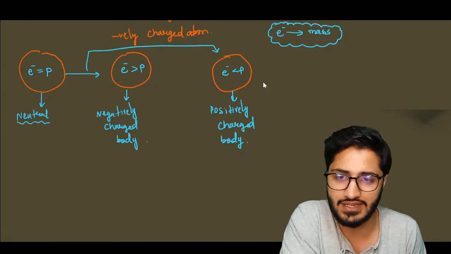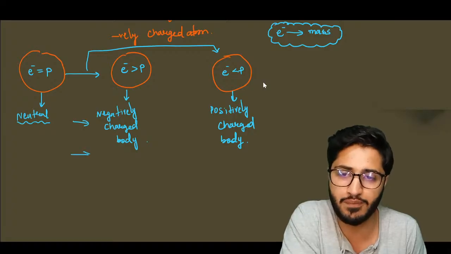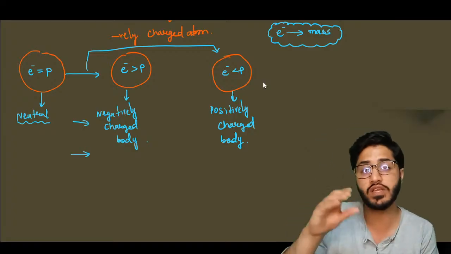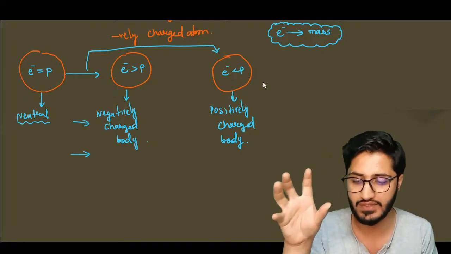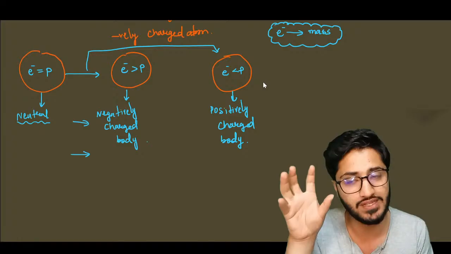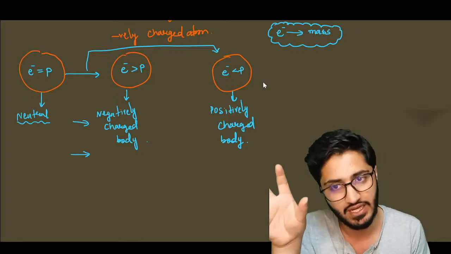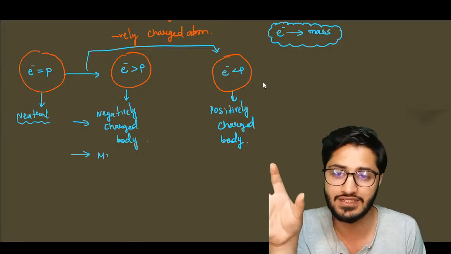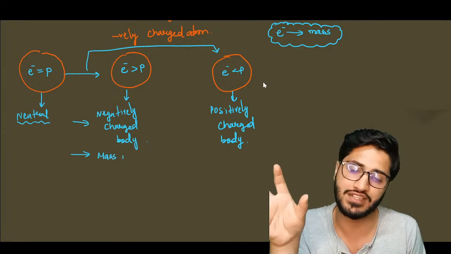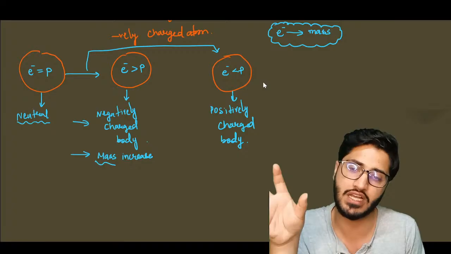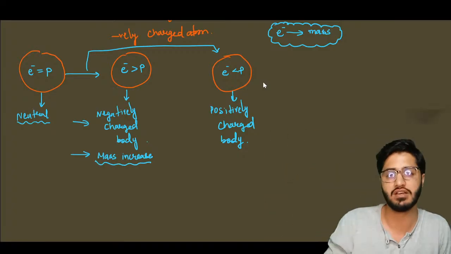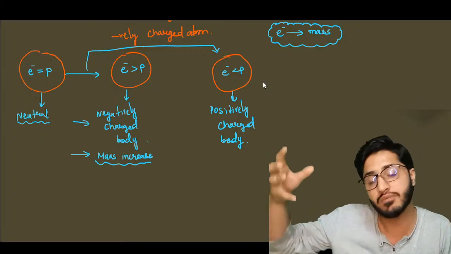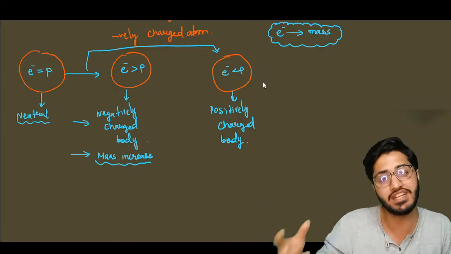In this case, negative: how does this body become negatively charged? Because we have given some extra charge to it. That means its mass will increase, because when you give extra electrons to any material, you are adding some mass to it.